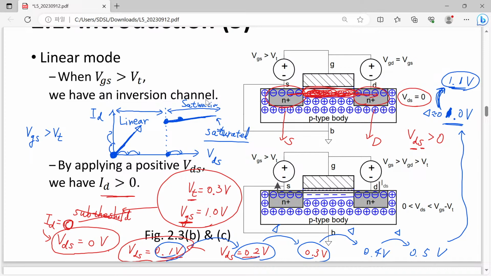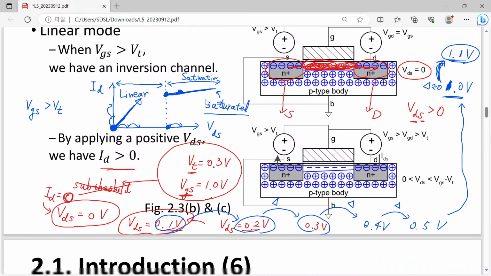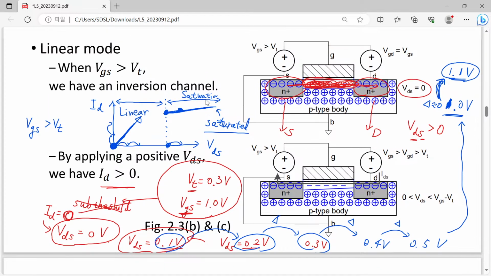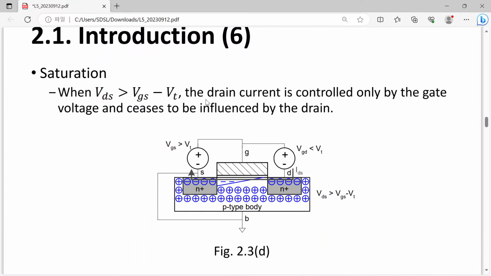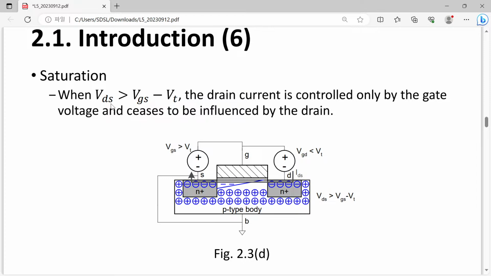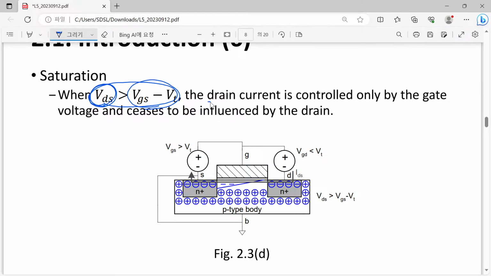So are you with me? This was the explanation about linear mode and saturation mode. Although we have a certain criterion, we'll explain it later, anyway, when we have a drain voltage higher than a certain criterion, then drain current is no longer increasing.